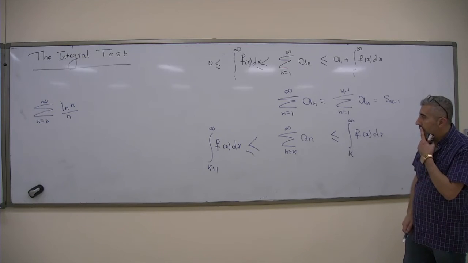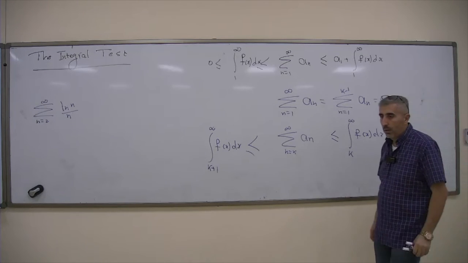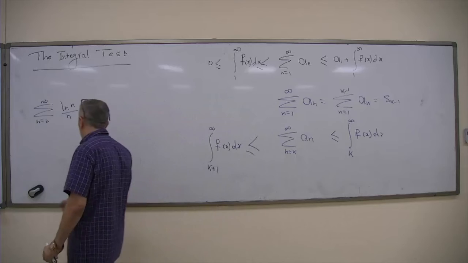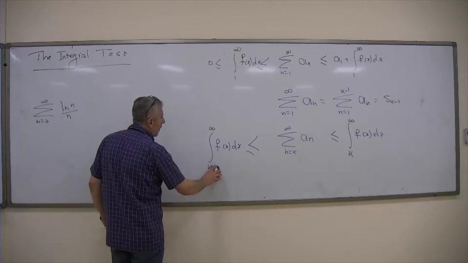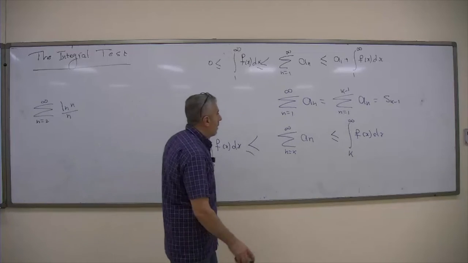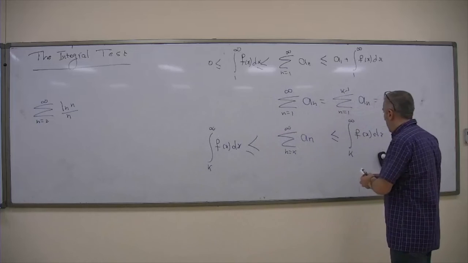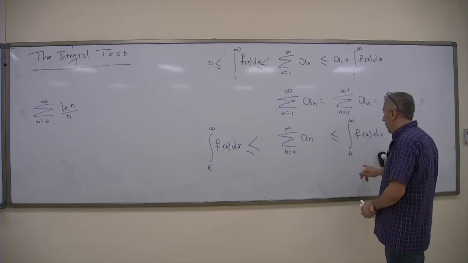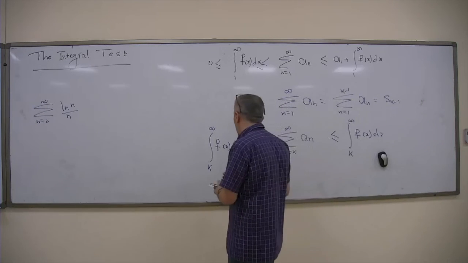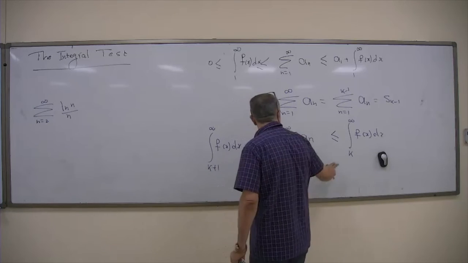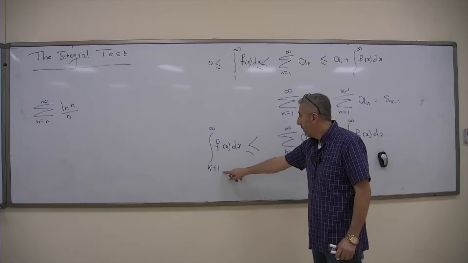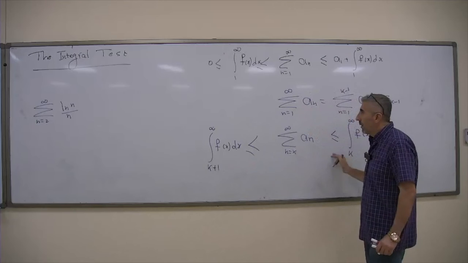Wait a minute here. No, I think the other way around. So this is k, and this is k plus 1. No, I'm fine, because when you take k plus 1, it is after k. Yes, I'm fine. So here, this is after this. Okay, yeah, so that's fine.